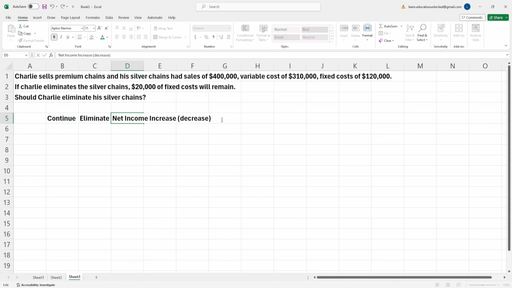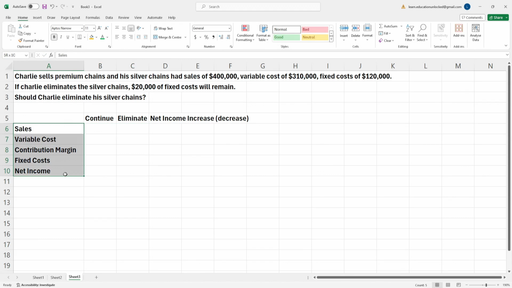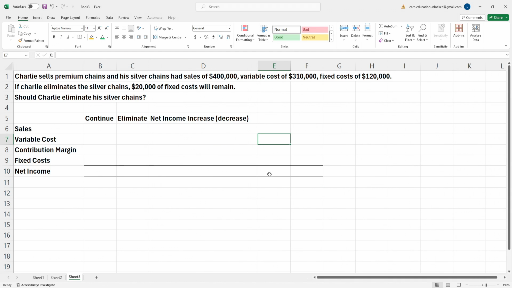All right, and then here we have sales, variable costs, contribution margin, and then their fixed costs, and then net income. So this looks exactly like your CVP statement from chapter 6.